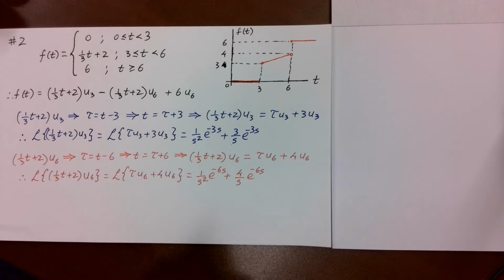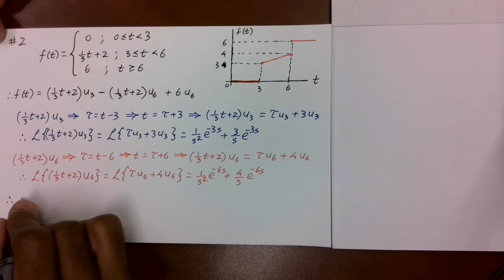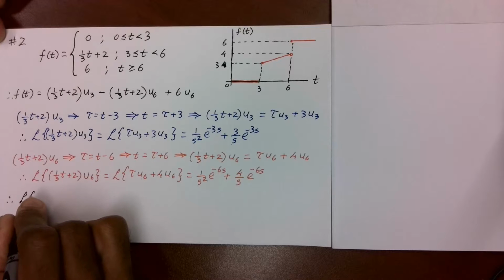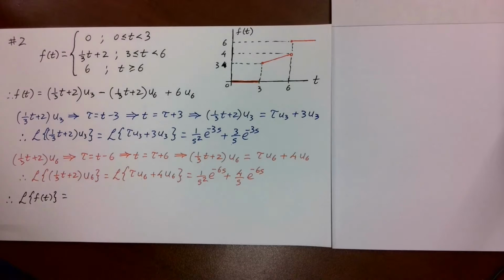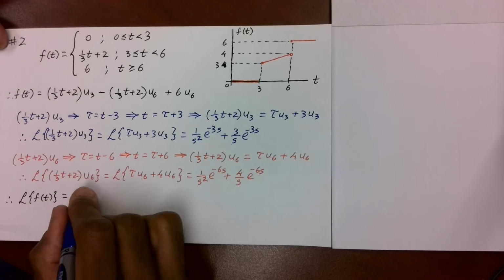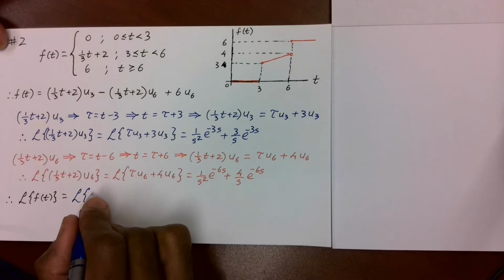And therefore now we can take the Laplace transform of our original function. So the Laplace transform of our function f of t is going to be the Laplace transform of each of the three pieces taken individually and added together.